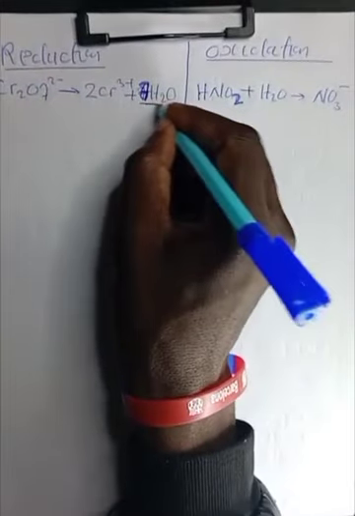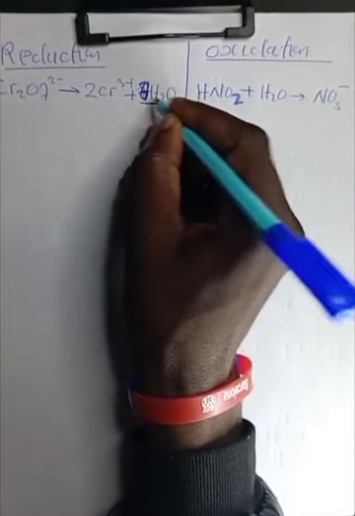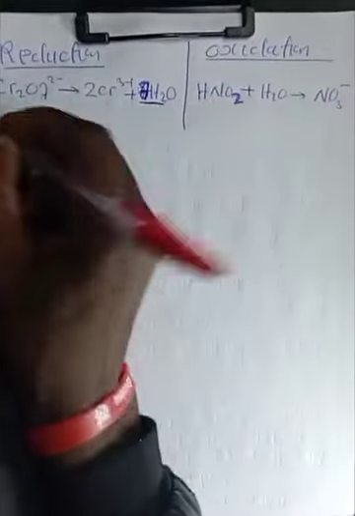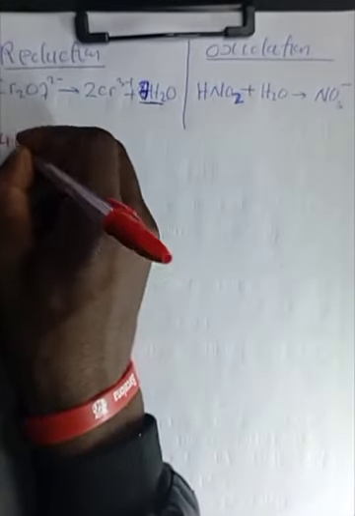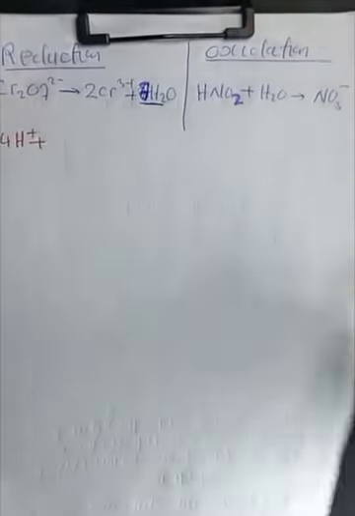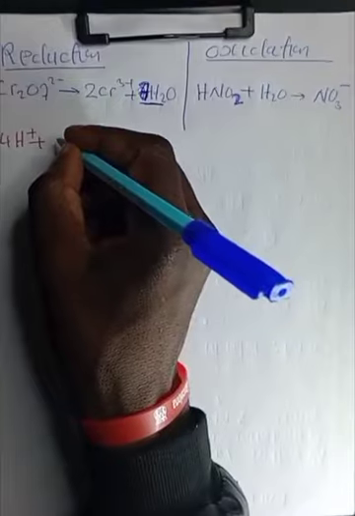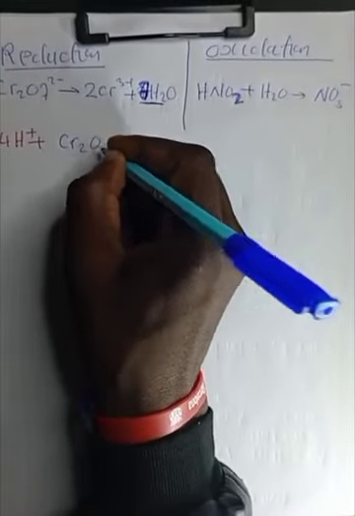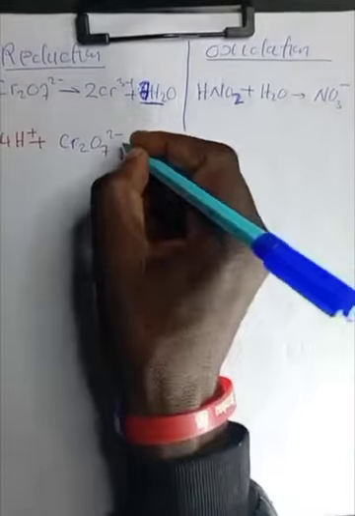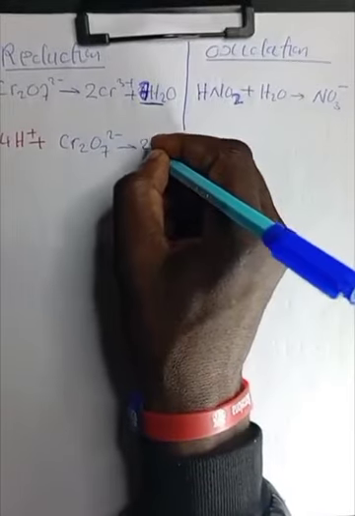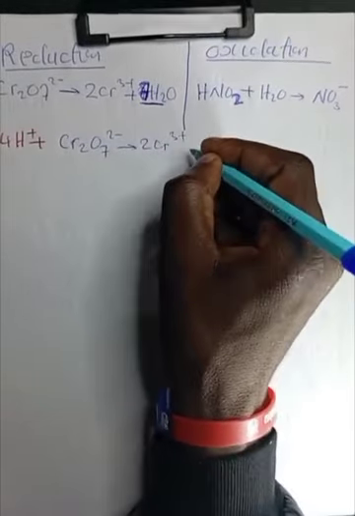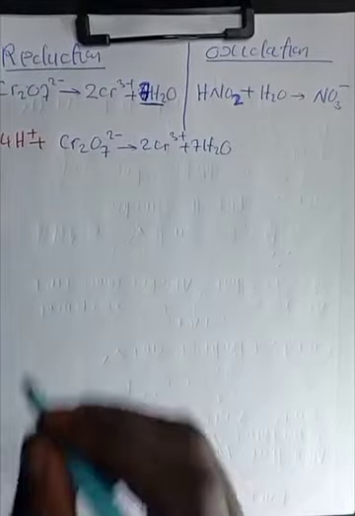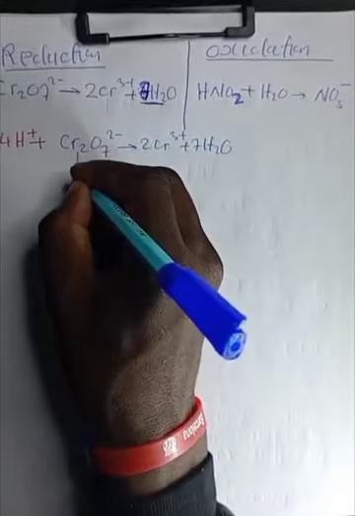We have 14 hydrogen here, 7 times 2 is 14, so we have to add 14 hydrogen on this side. So we say 14 hydrogen ion plus Cr2O7 minus 2, producing 2 Cr3 plus, plus 7H2O. Okay, so this is our new reduction.